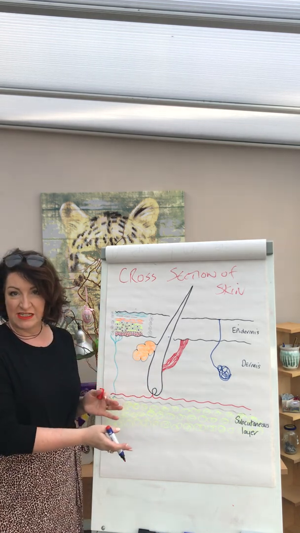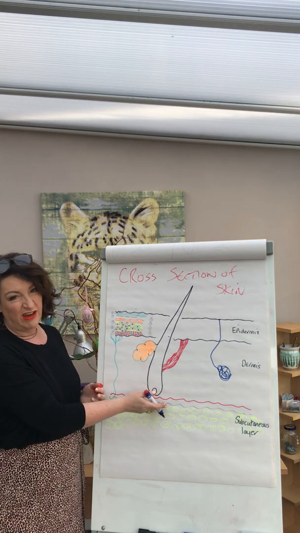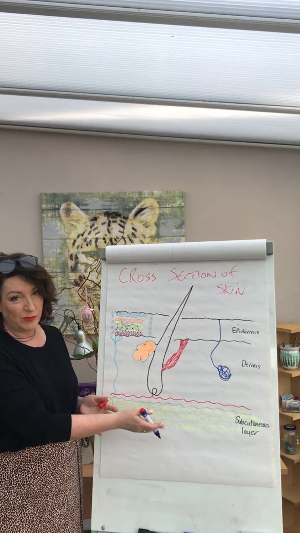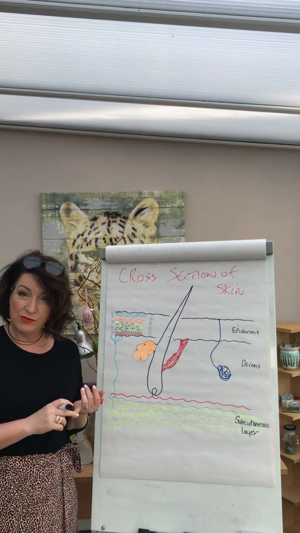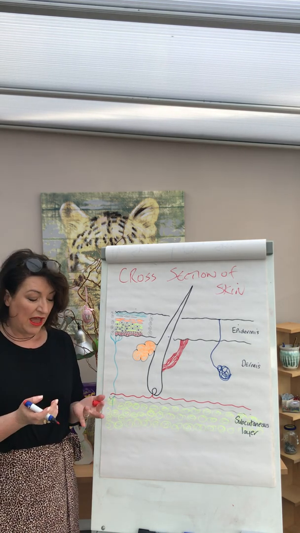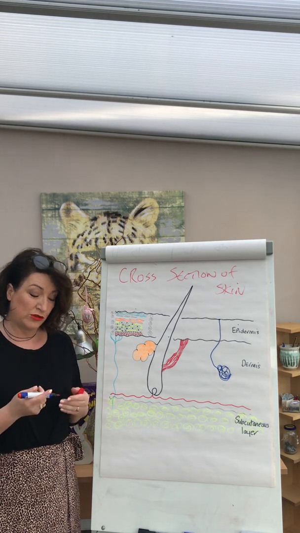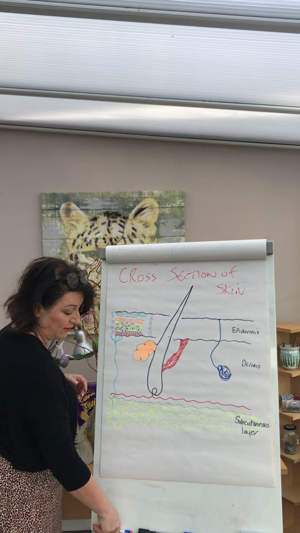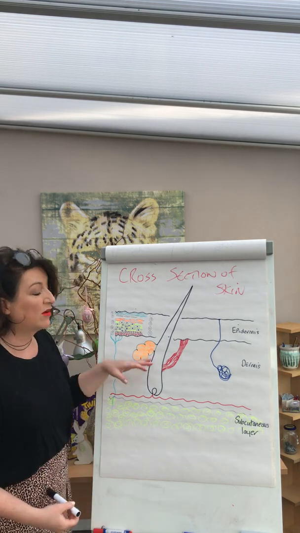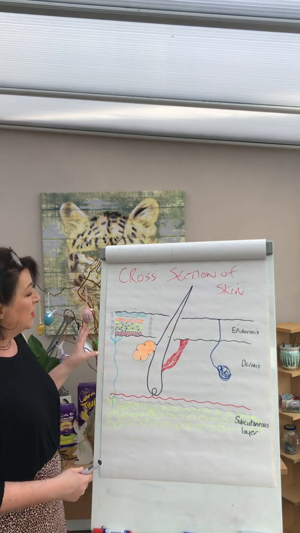And just for today's lesson, this really is all we need to know, okay? Because we're going to be looking at sebum, which is the skin's natural oil, and we're going to be looking at pores. And for that purpose, this is really all we need. I'm not going into great detail in the picture.